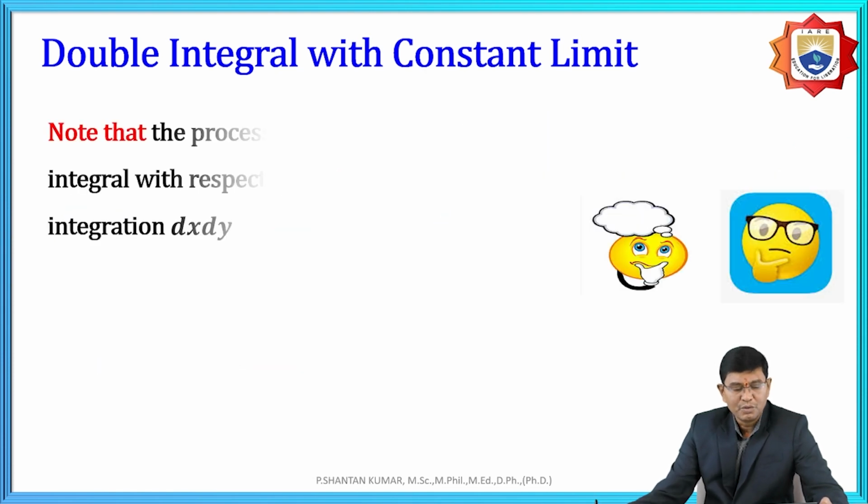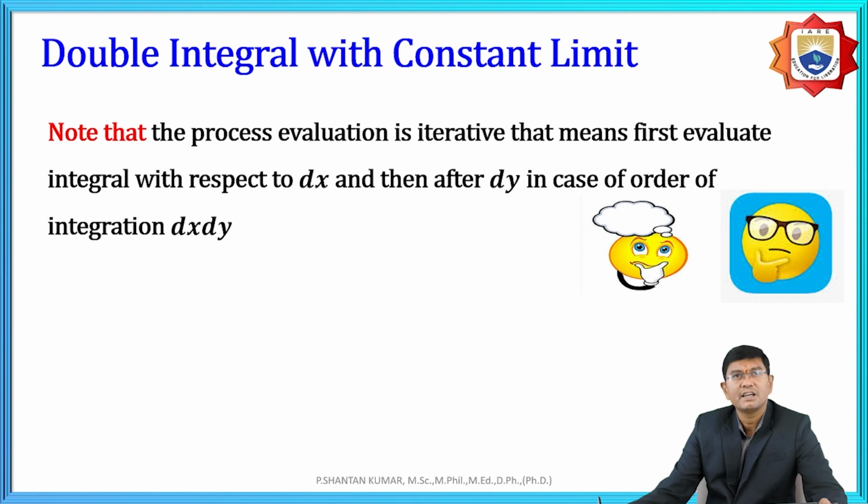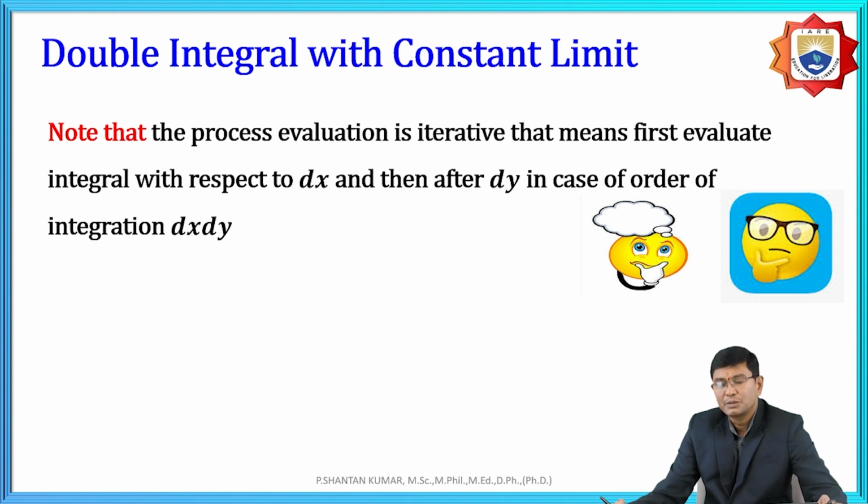Now note that the evaluation process is iterative. That means first evaluate the integral with respect to dx, and after that dy, in case the order of integration is dx and dy. In double integration, if the limits are all constants, we integrate the inside with respect to x, and after that with respect to y.